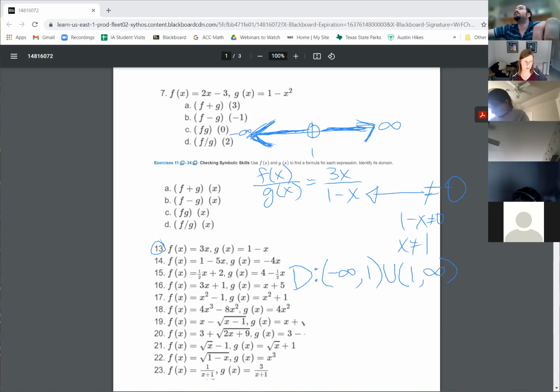I think it was 3x minus 3x squared. Yes. And then the domain was negative infinity to infinity. There were no square roots and no fractions for us to have any sort of restrictions. So the x squared doesn't affect the domain? No, it's just a parabola. It just means that it can still be anything.